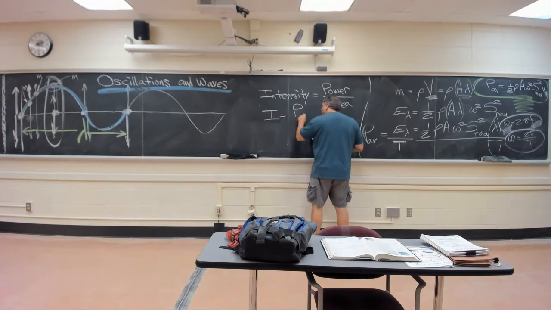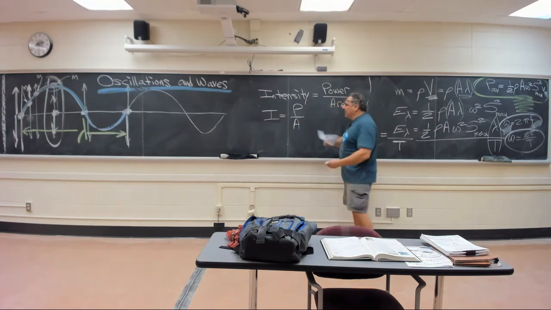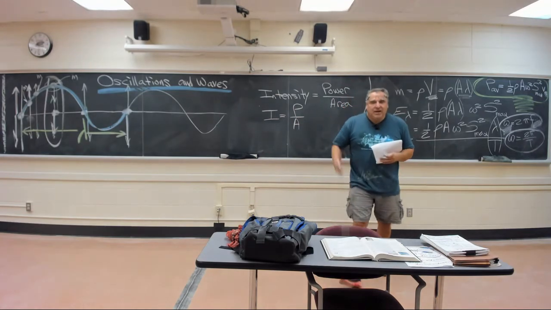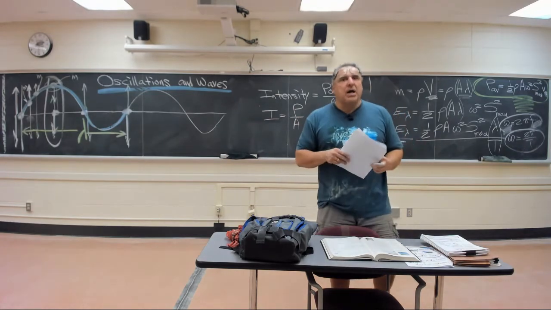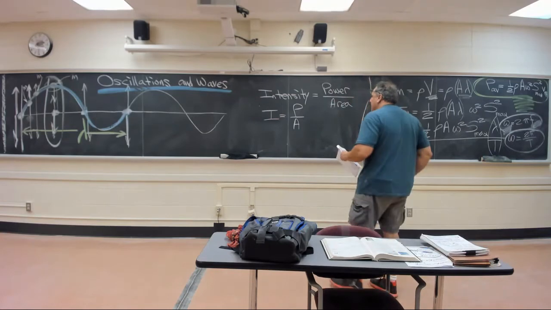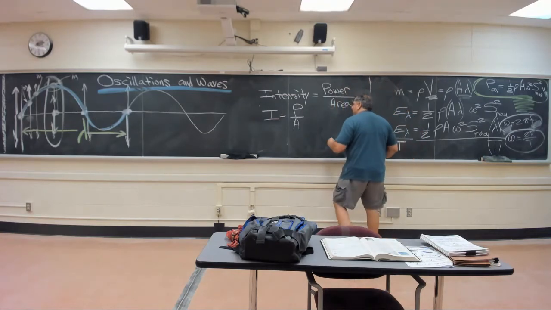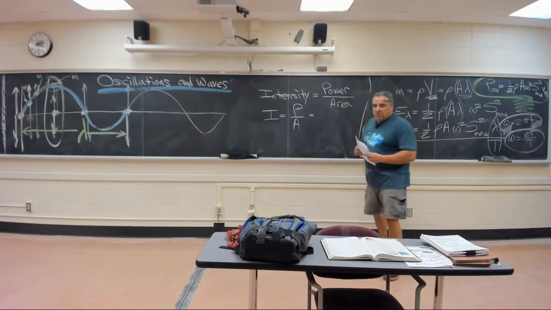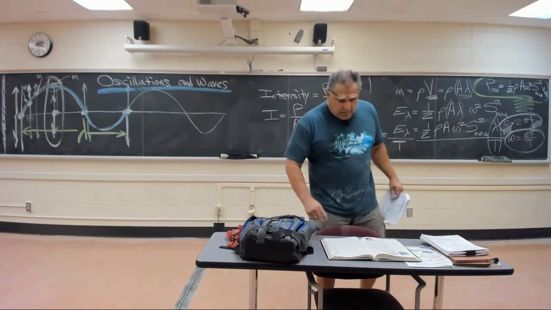It's power over area. Again, the symbols are repetitive. That looks like pressure also, doesn't it? Well, you run out of letters, so just watch out what we're talking about within the context in which we're talking about it. Intensity equals power over area. And again, what does that mean? Well, it means a lot of stuff.